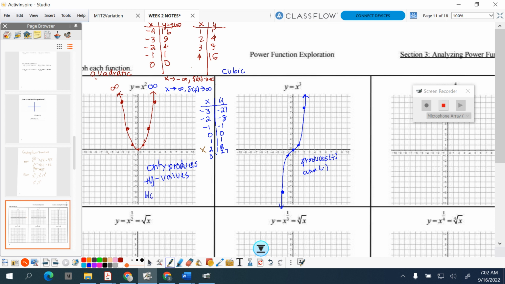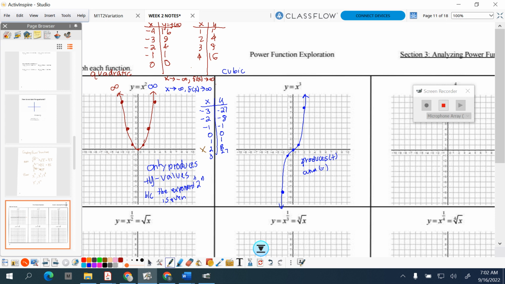And we're going to write that because the power, the exponent, is even. So when I have an even exponent, I know for sure all my y values are going to be positive. And the only way it'll be negative is if there's a negative in front, and you'll see that later on.